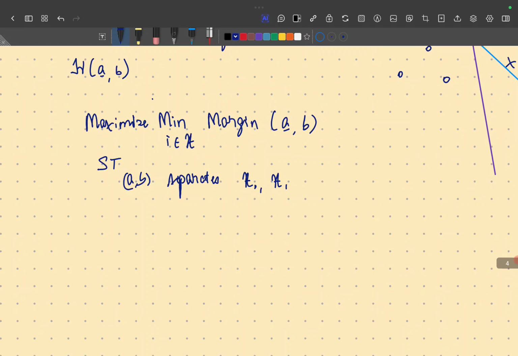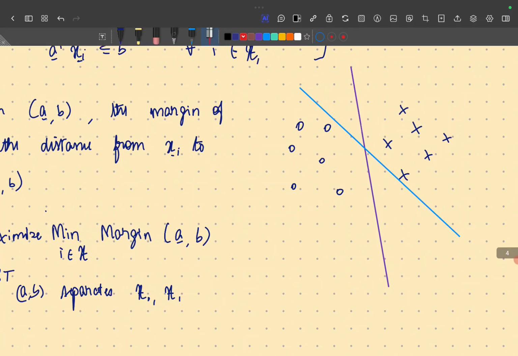So firstly, even before we proceed, does everybody agree with this particular formulation of the optimization problem? Or are there any questions? All right. So basically, the objective is the following. For a given hyperplane, you have the margin. In this case, the minimum margin would be for the blue hyperplane.